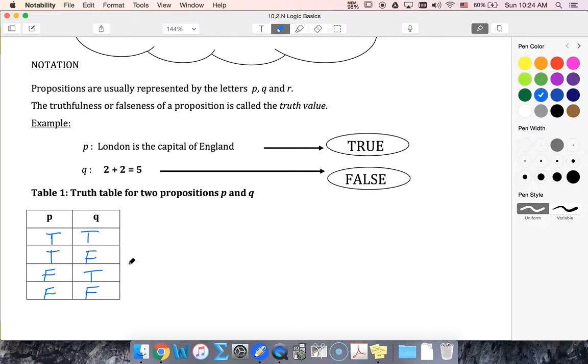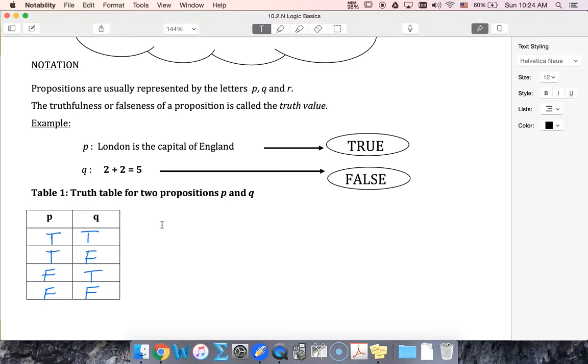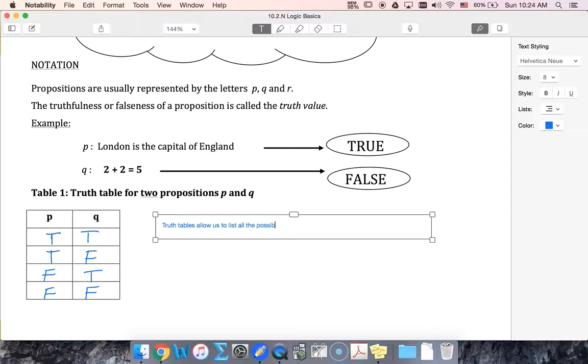When we're making a truth table, it is a way of listing all of our answers or listing all of the possibilities. So truth tables allow us to list all the possibilities for truthfulness and falseness.